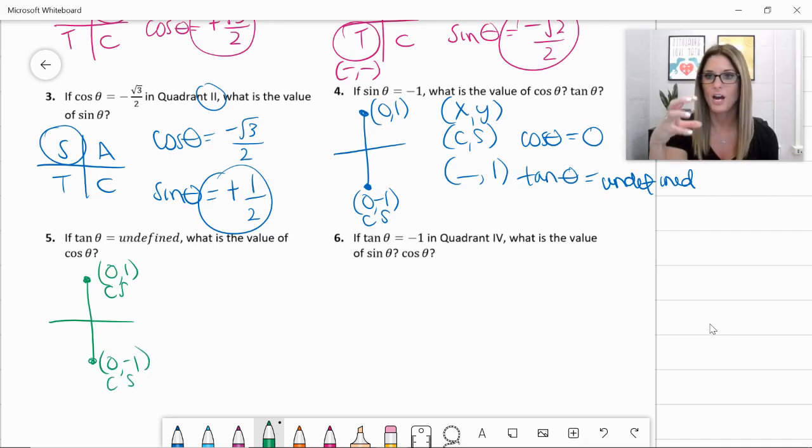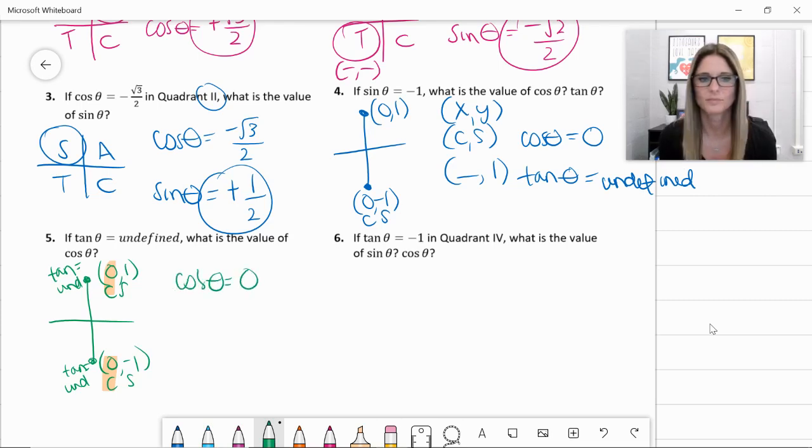So I know that they're asking about tangent when it's undefined, what's the value of cosine? And we had 2 places, tangent's undefined at the top and bottom. So there's 2 places where that's equivalent. However, there's only one answer here because cosine is always 0 where tangent's undefined. Cosine theta is 0.